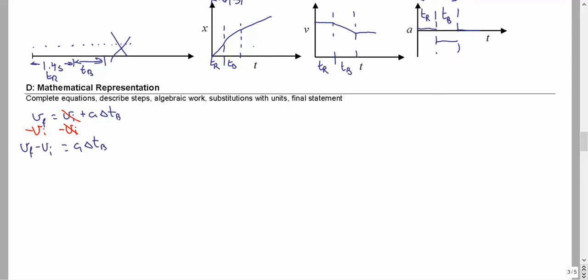So I've got my acceleration, and I want to divide by that, so I'll do the same to the other side. Now I can say that my delta t, my braking time, will be my final velocity minus my initial velocity all over my acceleration.